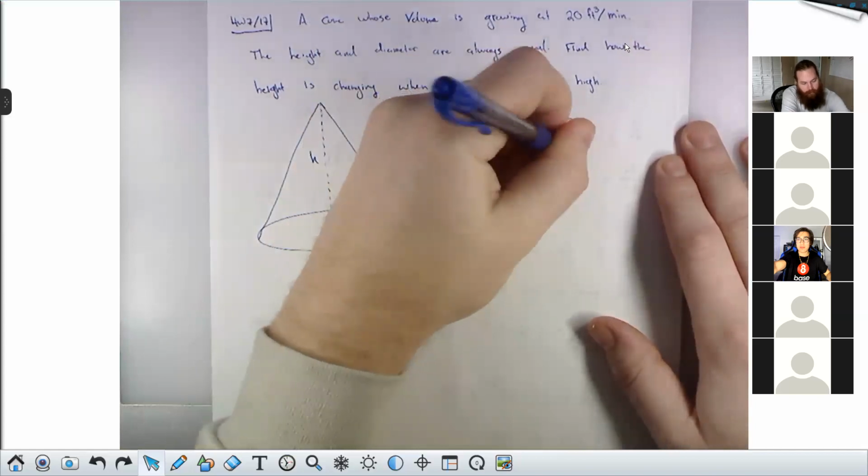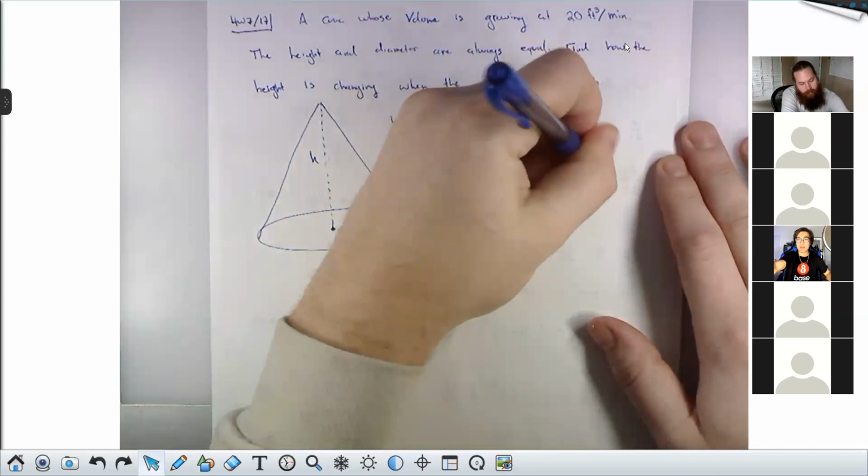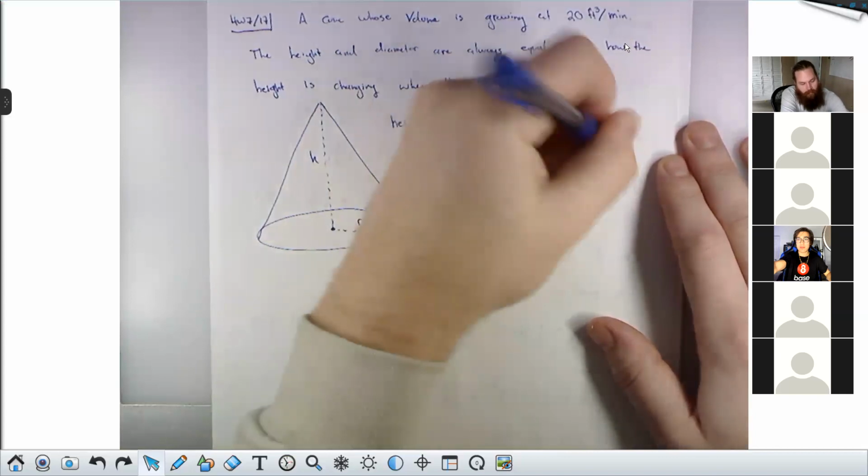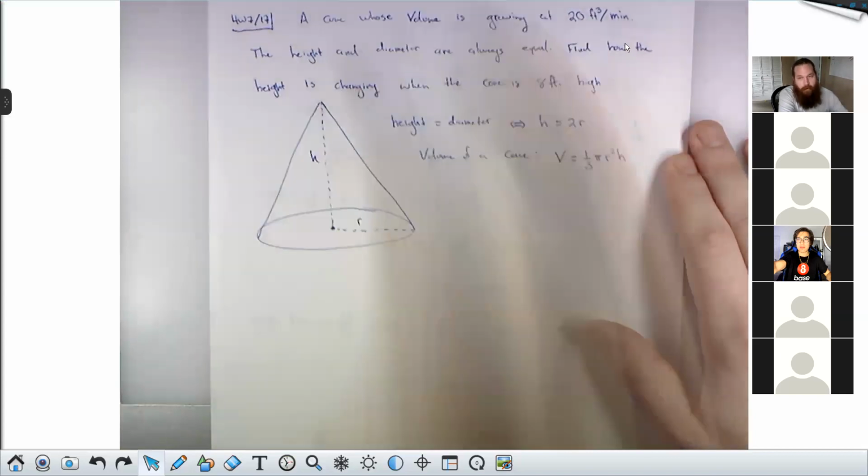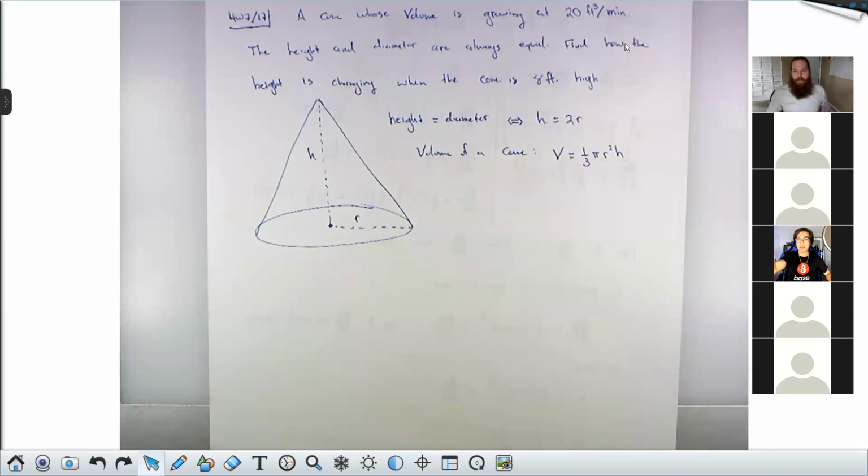I think 1/3 HR squared. Yeah, very close. 1/3 HR squared times pi. Okay. Yep, so this is the volume relation. This ties together the volume, the radius, and the height.